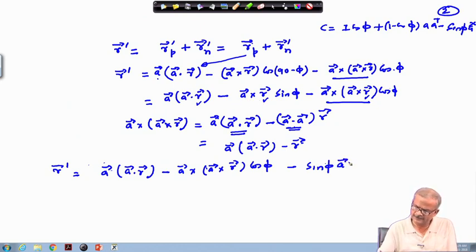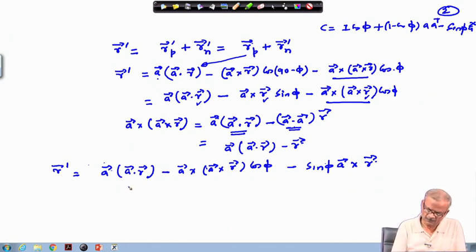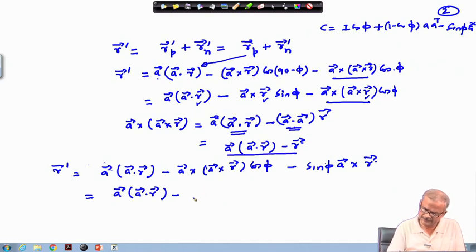So, this is sin phi A cross r. So, our strategy will be to take this r out of the bracket. Okay. So, if we are able to do this, my problem will be solved. So, copying from this place, A times A dot r minus this quantity, it will come here in this place.